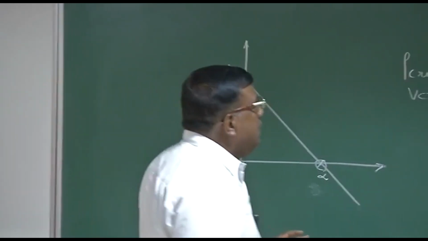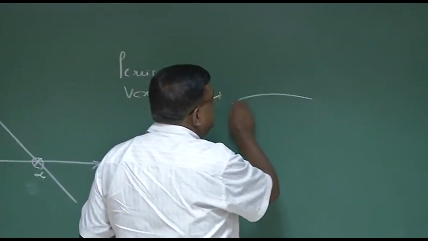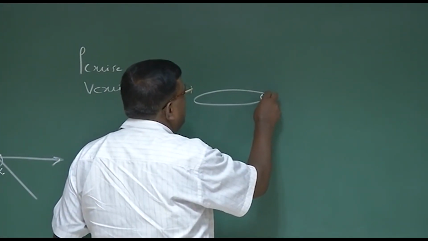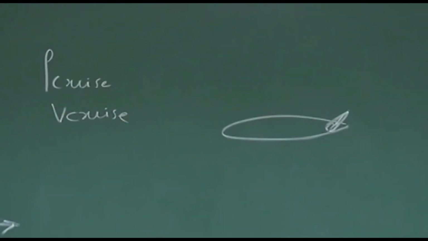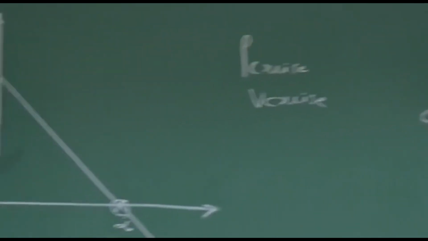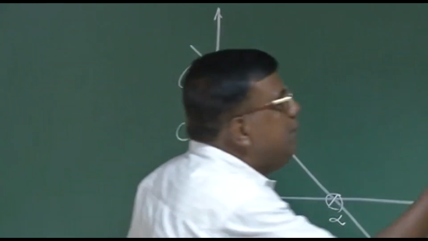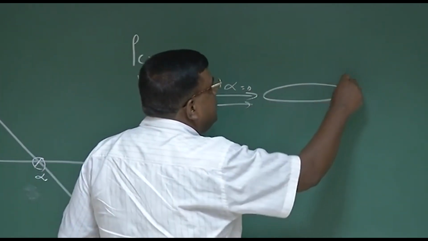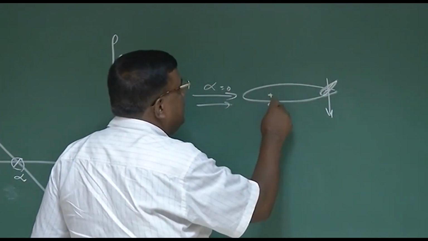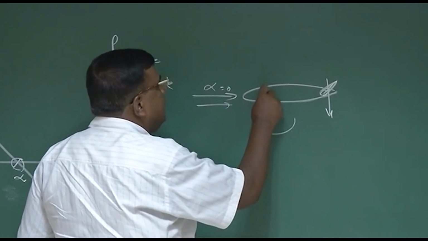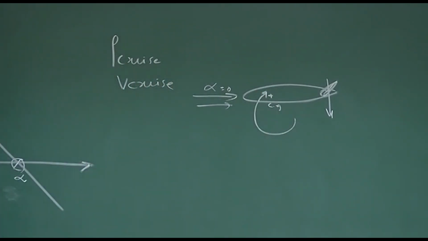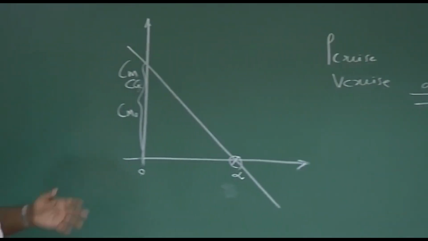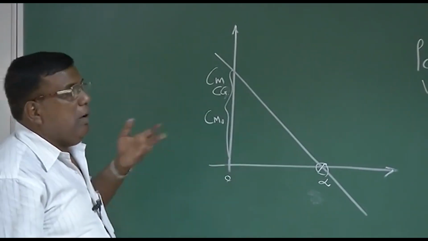Please understand, if I am deflecting the elevator of a flying wing, and suppose by deflecting the elevator you can generate Cm naught. You know very well, if it is alpha equal to 0, this will generate force downwards, say about CG. It will also give a Cm naught. So if your design is inferior, then you have one option.